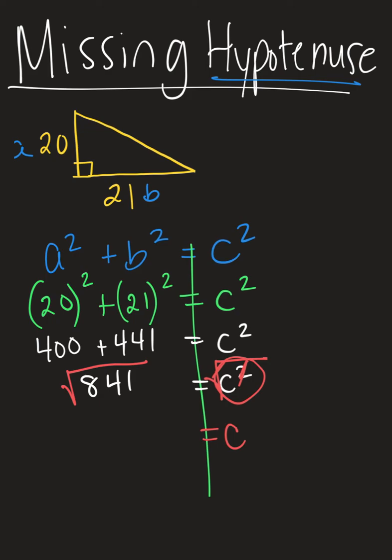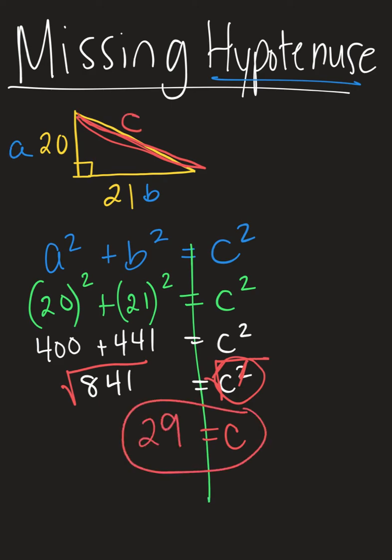I could get a positive or negative here, but because we're talking about the side length of something, I am only going to stick with positive because I can't have a negative distance. My answer will be 29 because 29 times itself equals 841. So c, our missing hypotenuse, is 29 units long.